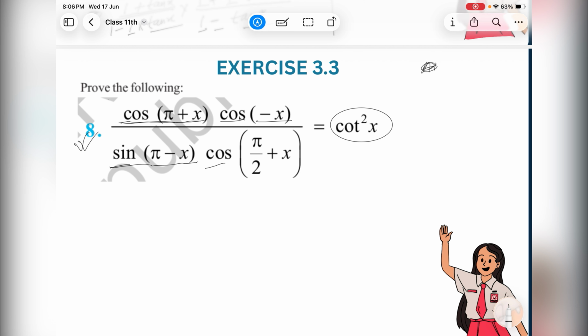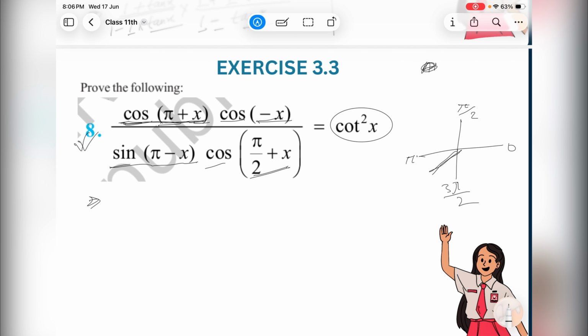So you see here we have sine and cos with different arguments. So we can write it as cos(pi plus x). Here you see this is 0, this is pi, pi by 2, and this is 3 pi by 2. Pi plus x is somewhere here.